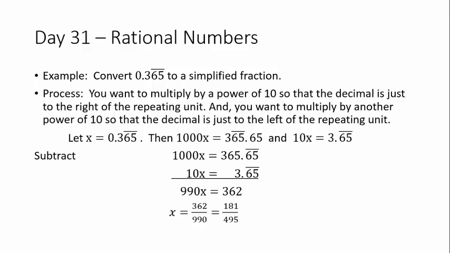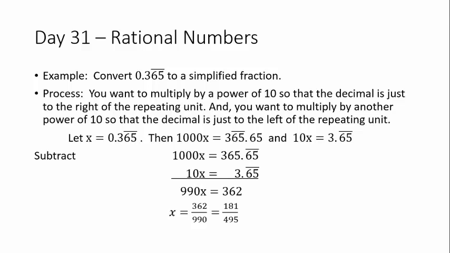If I multiply my decimal number by 1,000, this is going to move the decimal 3 places to the right. So I'll be going from 0.365, which repeats, to 365.65, and that 65 will continue to repeat. If I multiply my decimal by 10, the result is moving the decimal 1 place to the right.